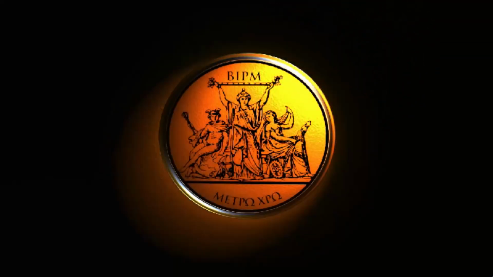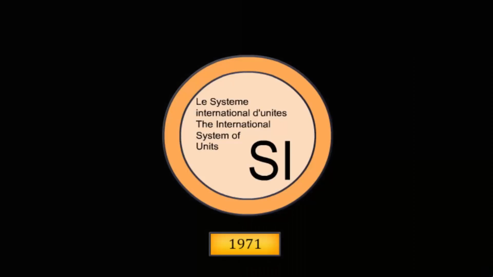However, in 1971, the General Conference on Weights and Measures recommended a standard set of units of measurement with their symbols and abbreviations. This system is known as Système International des Unités, French for International System of Units, abbreviated as SI.